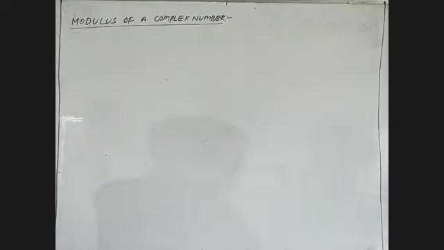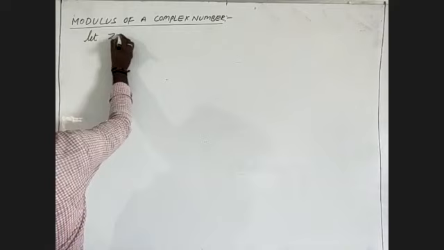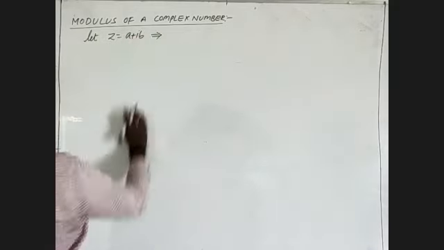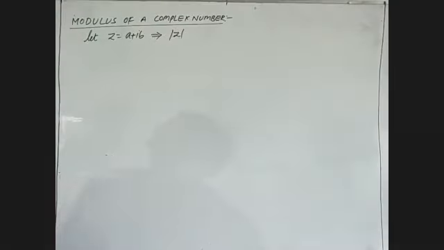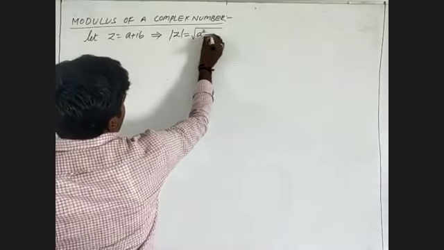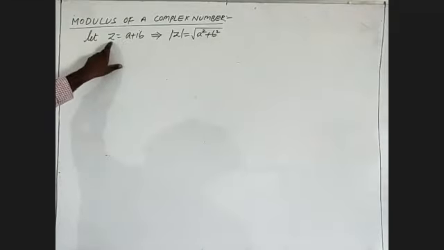What is the modulus of a complex number? We will observe in this one. Let z is equal to a plus ib is a complex number. Then the modulus of a complex number can be denoted by mod z, where mod z is nothing but root of a square plus b square, where a is the real part of z and b is the imaginary part of z.